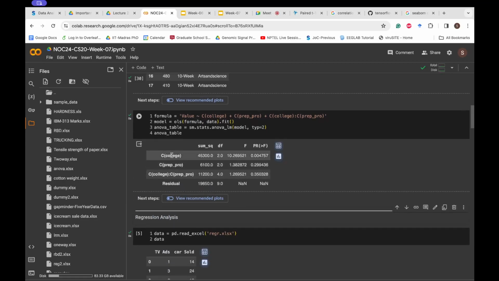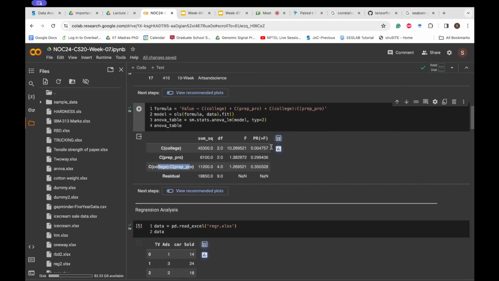In this case you are getting a certain p value for each of these independent variables, college and preparation program, and based on that you decide if a particular independent variable is significant or not. In this case it says that the college, the graduate level background you have, is very significant in deciding the CAT score, but the preparation program and the interaction of the background and the preparation program are not so significant if the level of significance is 5%. So this was in the case of two-way ANOVA.